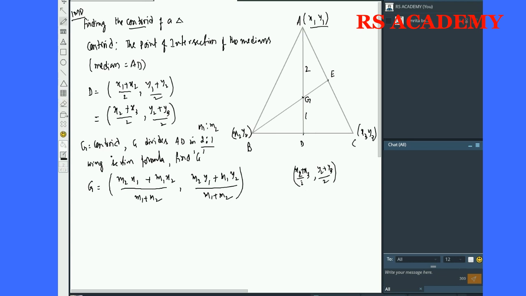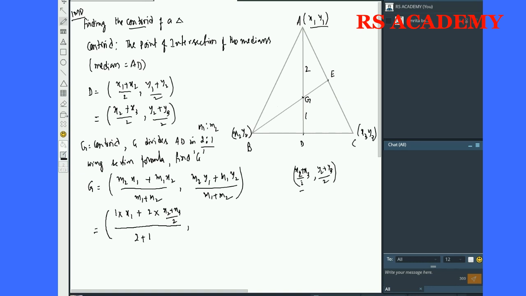Now let us substitute the values here. Now m2 is 1, so in the place of m2 let us write 1. x1 is x1 only, and in the place of m1 let us write 2. In the place of x2 you have to write x2 plus x3 by 2, divided by m1 plus m2, where m1 is 2 and m2 is 1. This is the x coordinate.